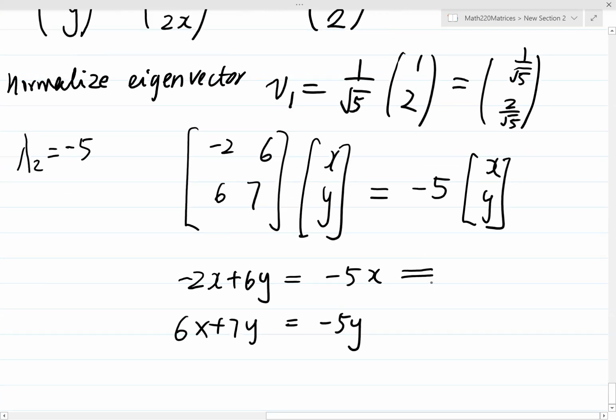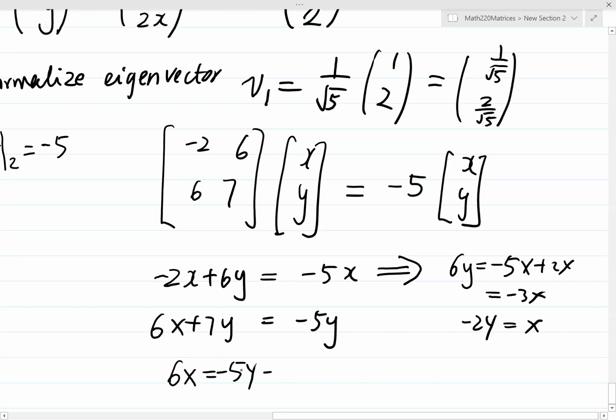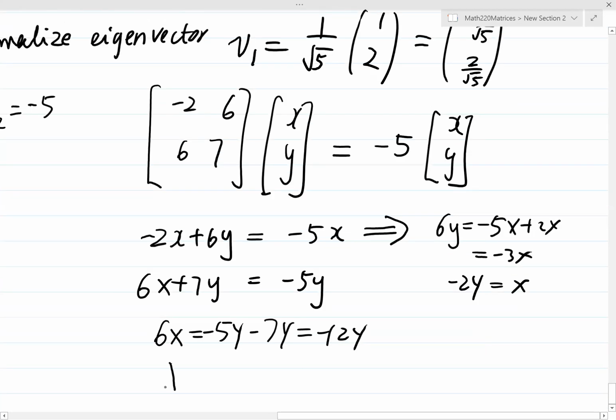Using the first equation, move 2x to the other side. So 6y is negative 5x plus 2x, which is negative 3x. So x is equal to negative 2y. You can also get a similar result using the second equation: 6x equals negative 5x minus 7y, so negative 12y divided by 6, we get negative 2y.